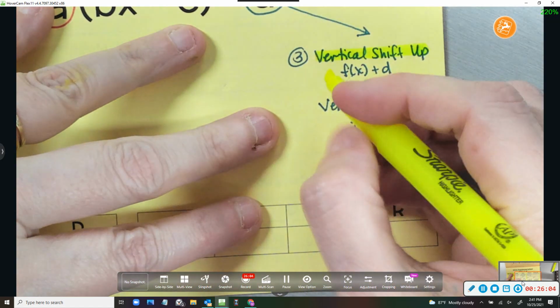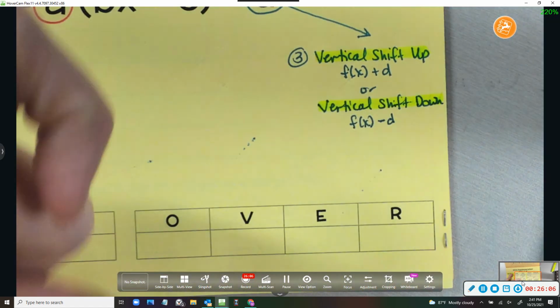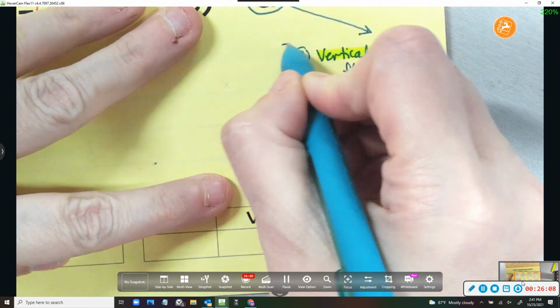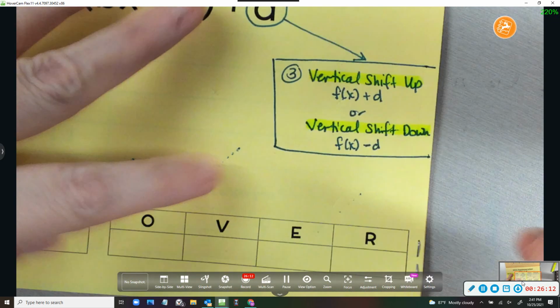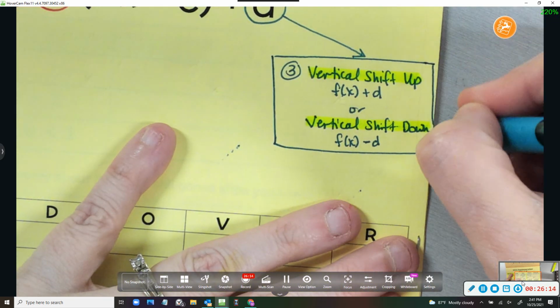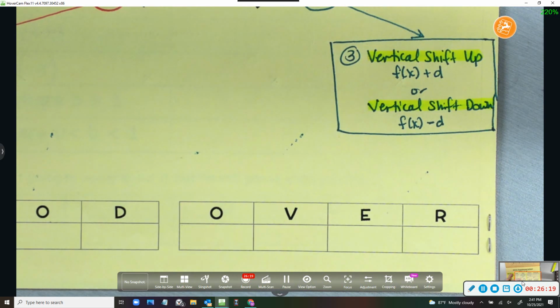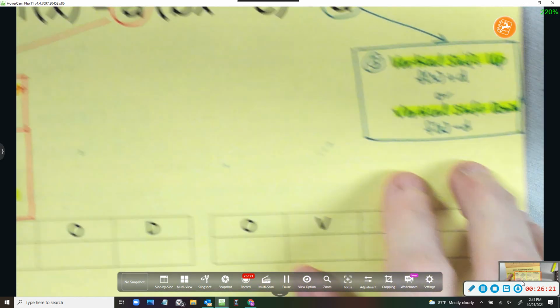Okay, so in a function, we could see three vertical changes happening at the same time. If we can see three vertical changes happening at the same time, how many horizontal changes do you think we could see happening at the same time? 3. And we're going to learn about them tomorrow.